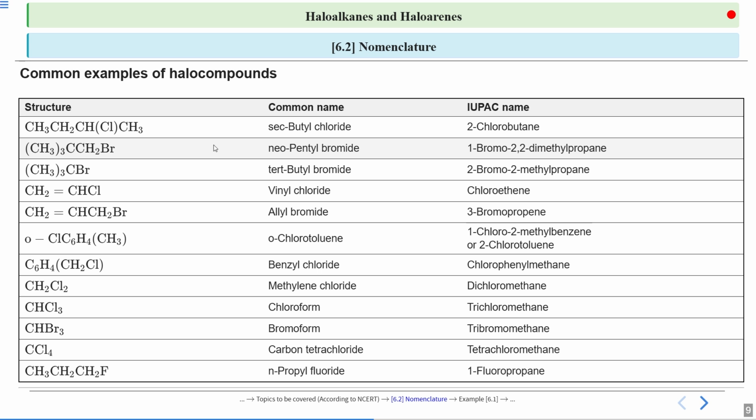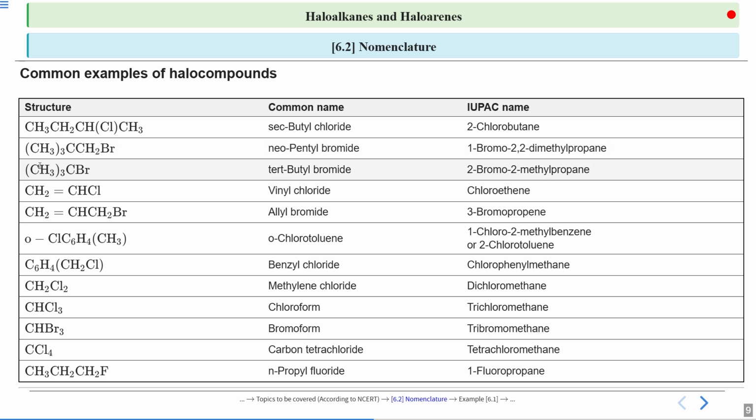Then we have the structure (CH3)3CCH2Br. This is neopentyl bromide. The IUPAC name will be 1-bromo-2,2-dimethyl, because at the first position we have bromine, and at the second position we have three methyl substituents.